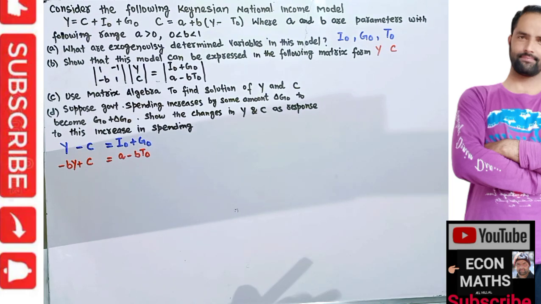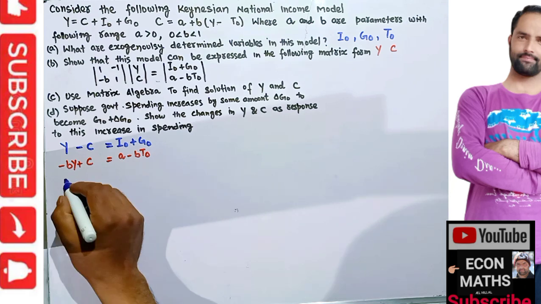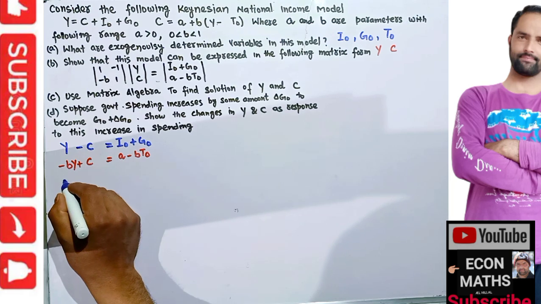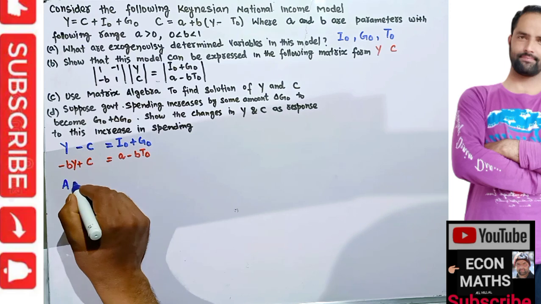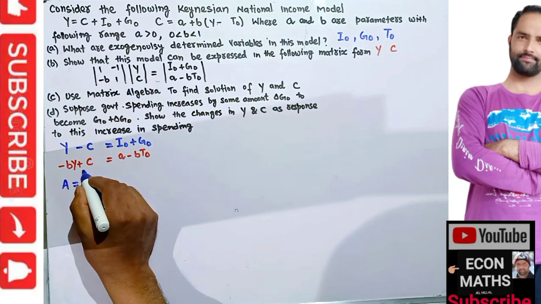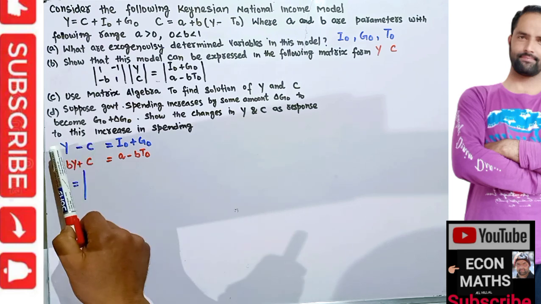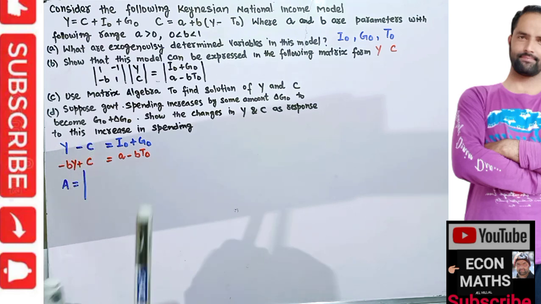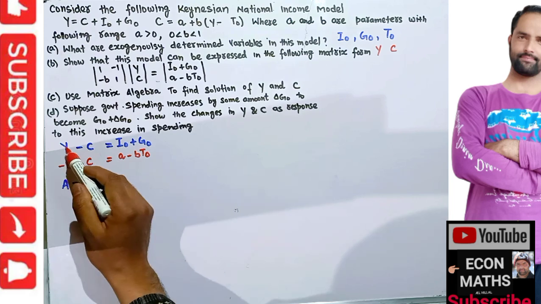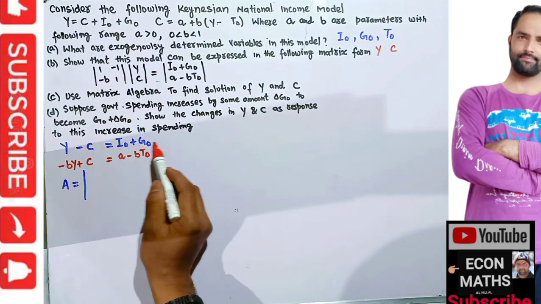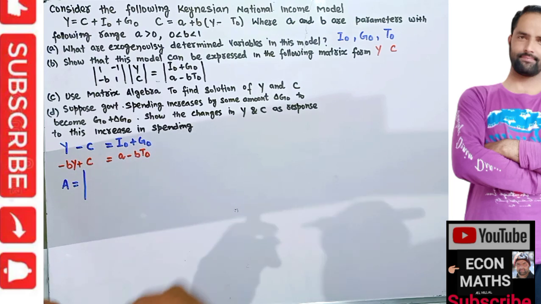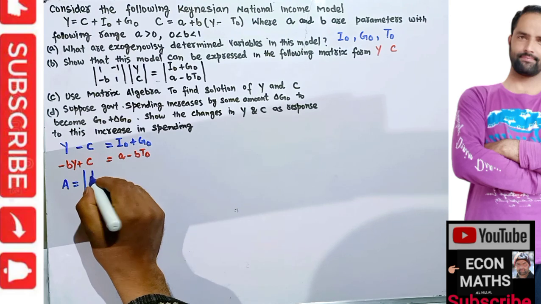Now let us define a matrix here. A is called the coefficient matrix. The coefficients of y's and c's denote our coefficient matrix. The coefficient of y in the first equation is 1, so I will write 1 here.